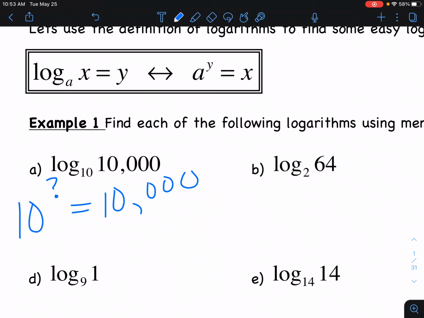Well, there are 4 zeros in 10,000, so 10 to the power of 4 is 10,000. So I would say my answer for this problem is 4. So log base 10 of 10,000 is 4.